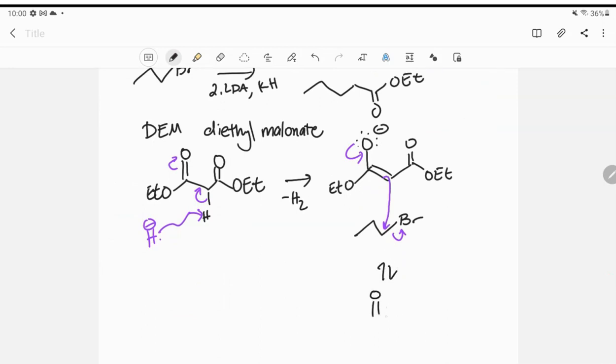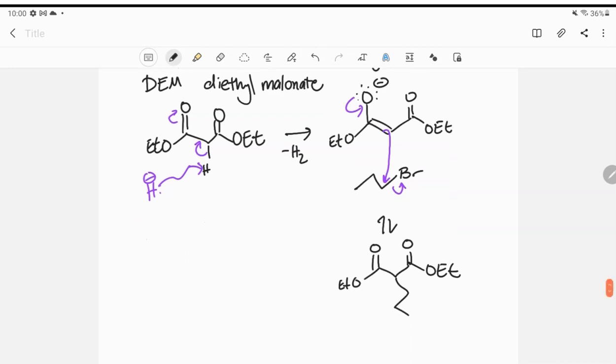Now here's the interesting part. Now we have 1, 2, 3 more carbons on this. That's from the bromopropane. We've lost our bromide. And so what's going to happen now is we're going to actually hydrolyze one of those esters, and we're going to end up kicking it out as a CO2.